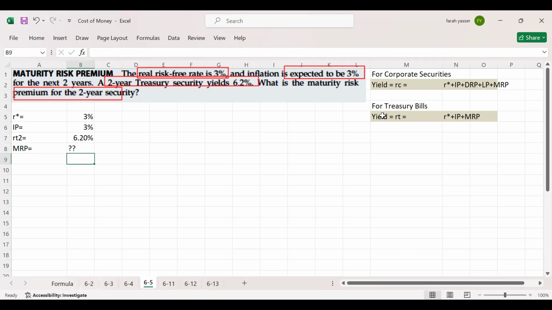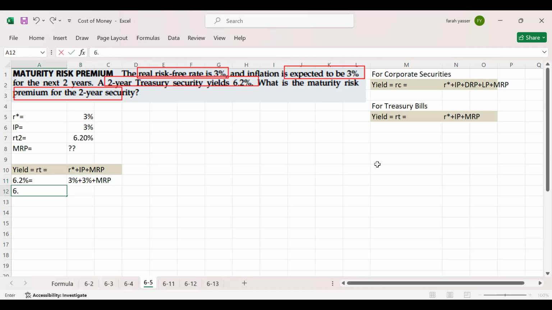We have this formula, we copy it, and here we are going to find it out. RT is given, which is 6.2%. On the other side, R star is given, which is 3%, plus the average inflation premium, which is 3%, and the maturity risk premium is not given.